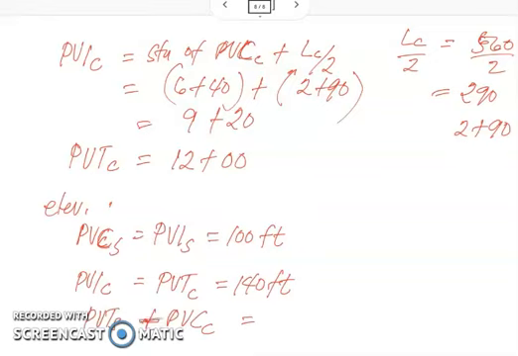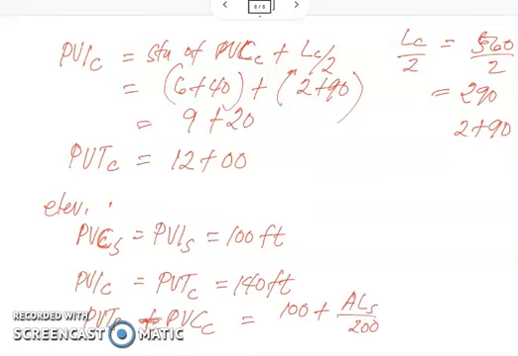The PVT for the sag vertical curve is actually the PVC for the crest vertical curve, and that is equivalent to 100 plus, this will be the equation, 100, which is the elevation of the tangent, plus our y sub f, the final offset, so A L S all over 200.